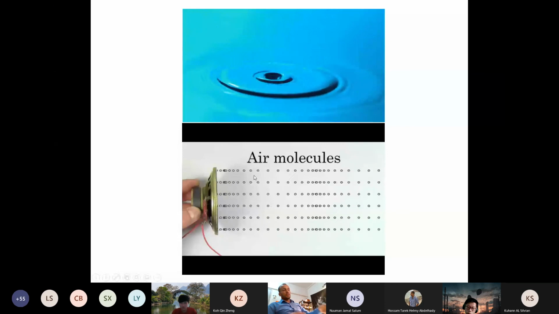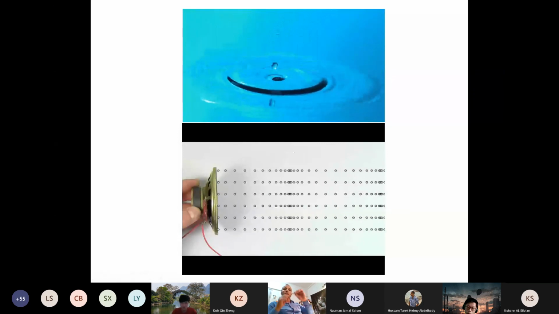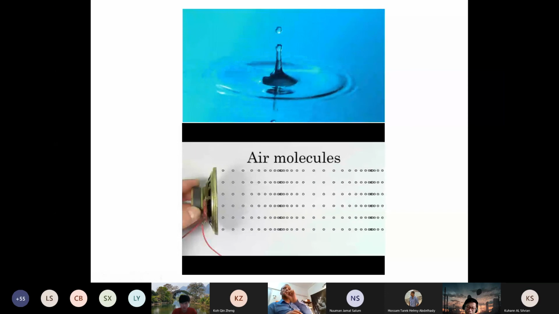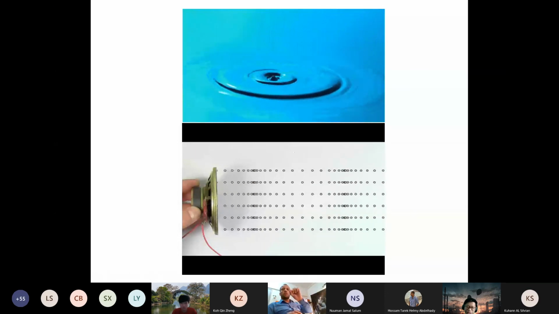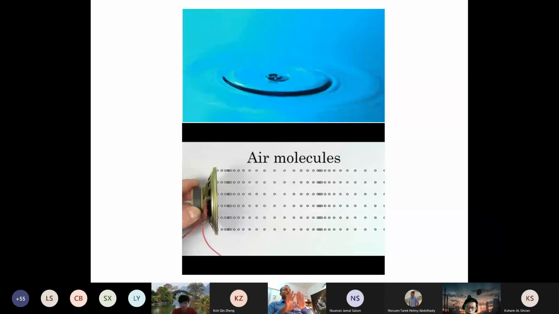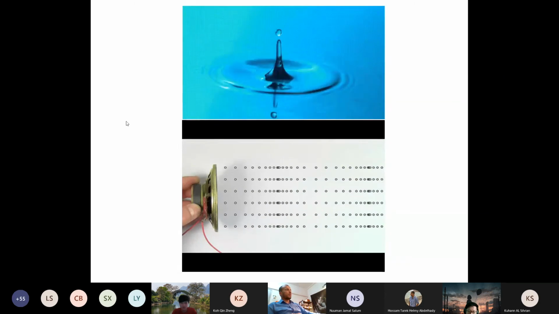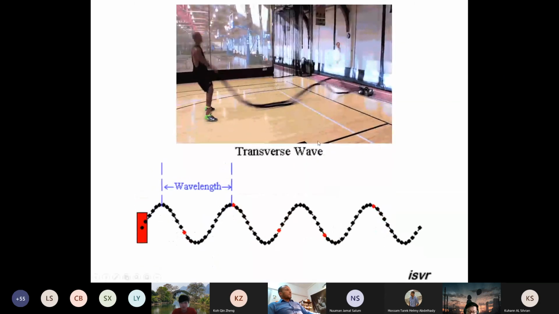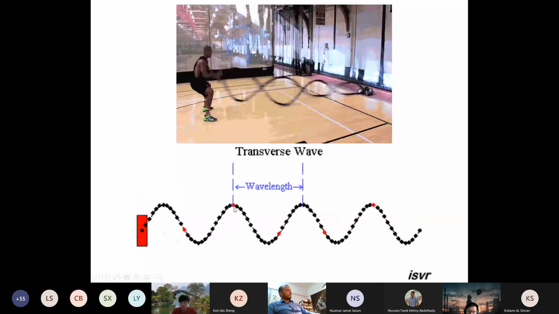And basically, as you can see, of course, when we say waves, it means there are molecules of the air that are moving. Actually, they are not moving from A to B. Actually, they are moving this way. But when you see all of them, it seems like there is a wave moving from A to B. Similarly, if you see this point, for example, here, it's not really moving.